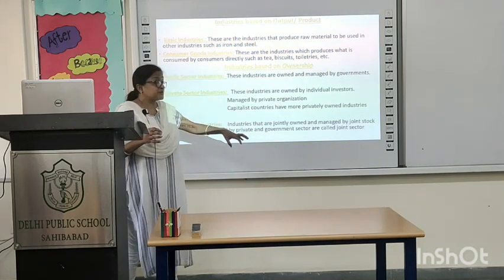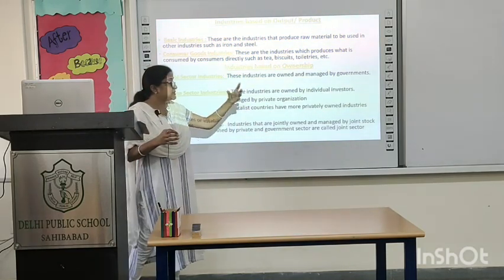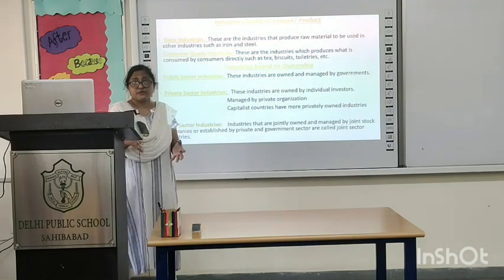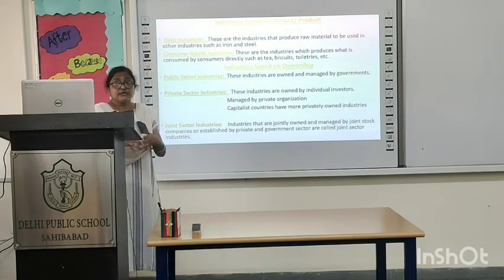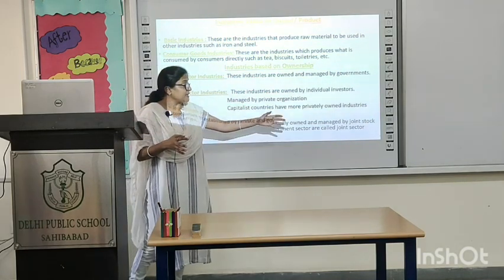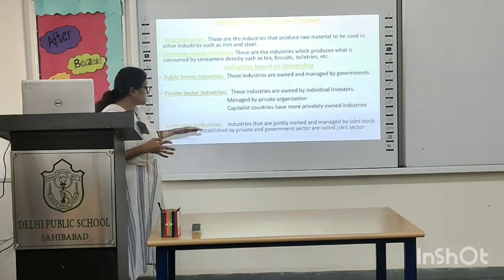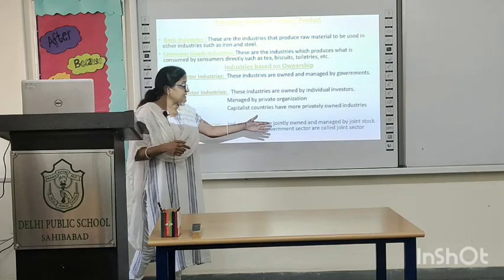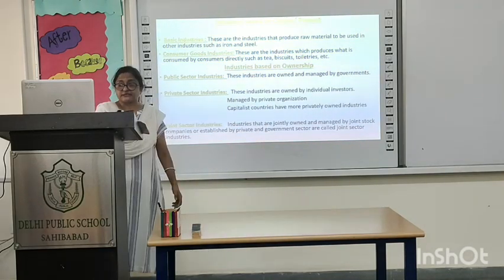Some capitalist countries have more privately owned industries. Next is joint sector industries. Industries that are jointly owned and managed by joint sector companies, or established by private and government sector, are called joint sector industries.